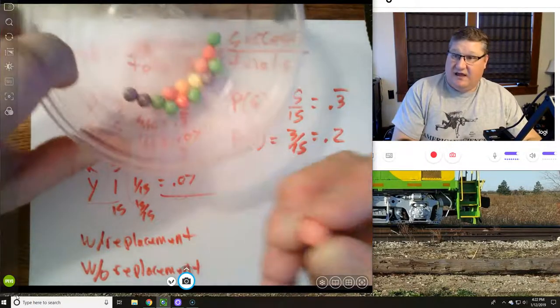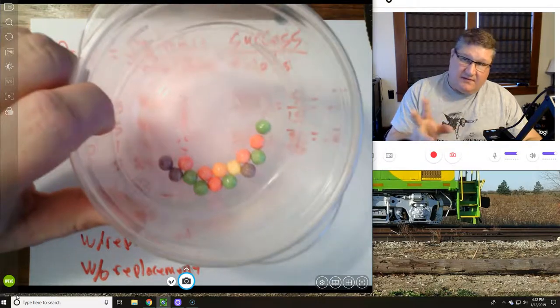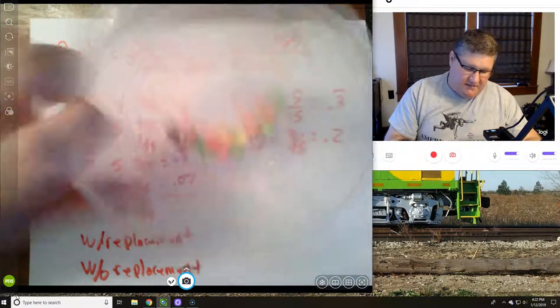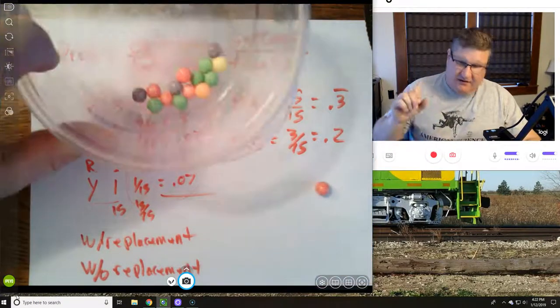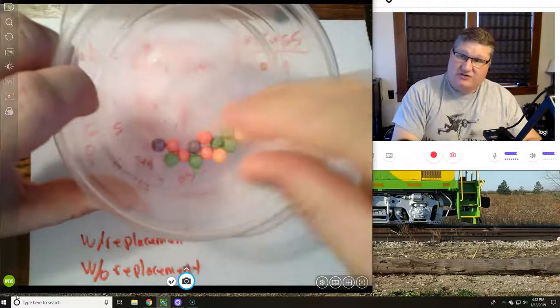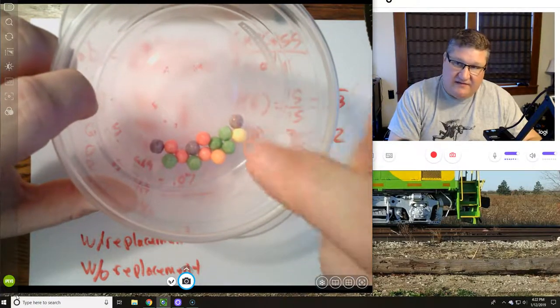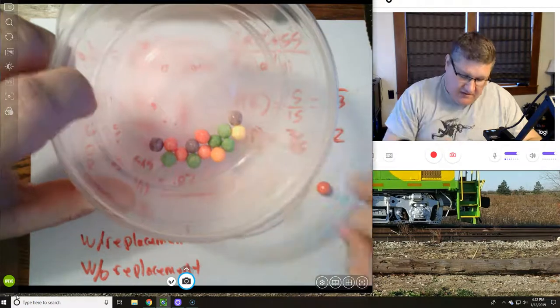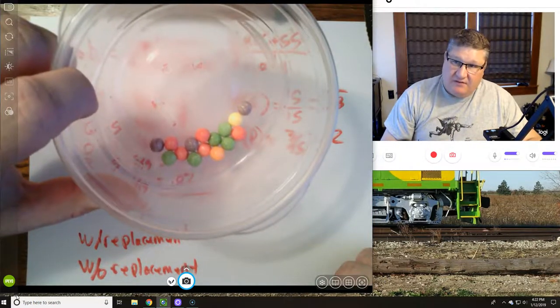Oh, hey, it's a red. If I put it back in, that's with replacement. I replace it. I put it back in the bucket. If, on the other hand, I take the red and I set it right down here, now I go to choose again. Is the probability of getting a red the same now as it was when I had the replacement?